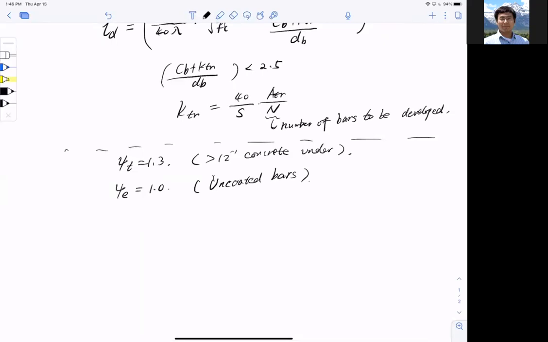And then psi s, which is the bar size coefficient, is 1.0. Why is that? Because it's a number 7 bar or larger. What we have is number 8, so we're okay.